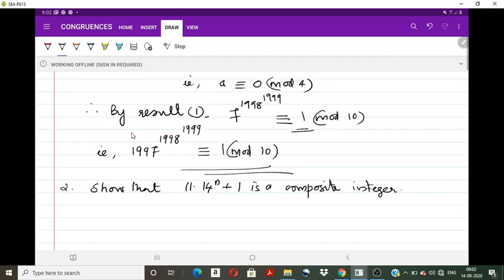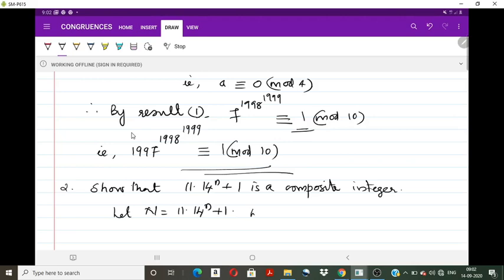So we need to prove that there are two cases, whether n is an even number or an odd number. In both cases we have to prove that this has a prime factor, that there is a prime number which divides this number. Let capital N equal 11 into 14 raised to n plus 1.